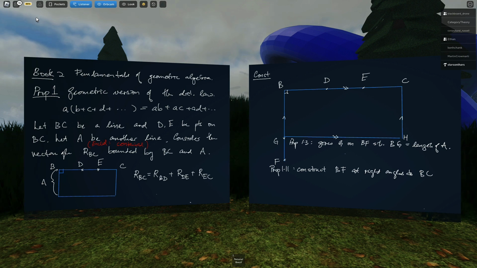And we actually want to do more of these. So I'll just draw in all of these and make a note as to what proposition we're using to construct these parallel lines.